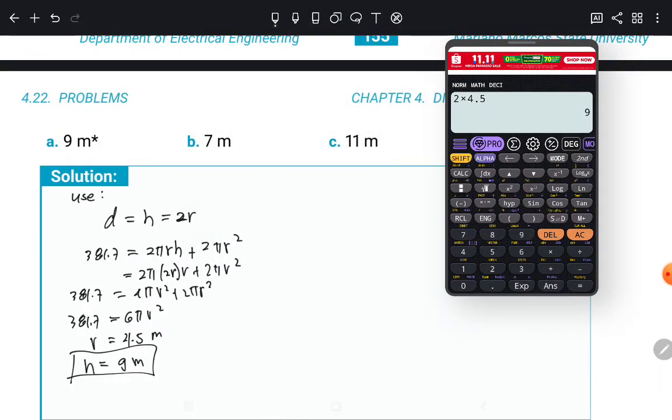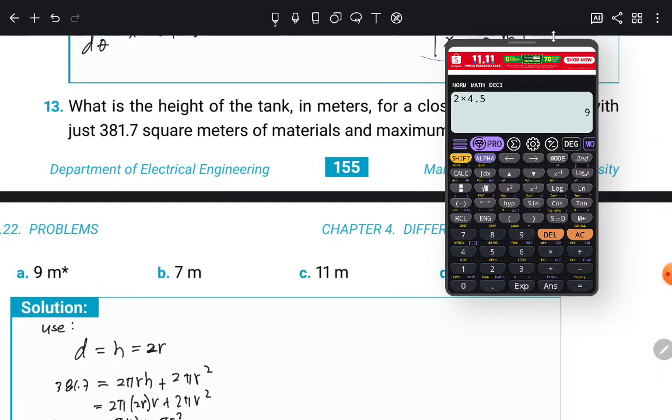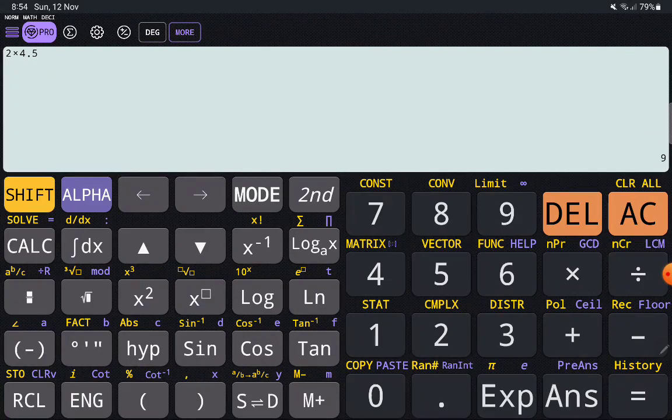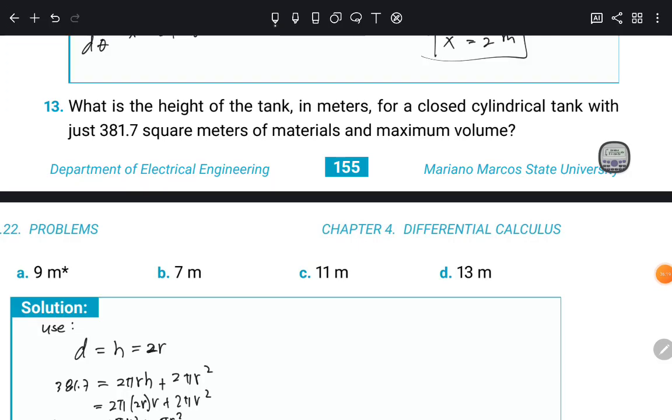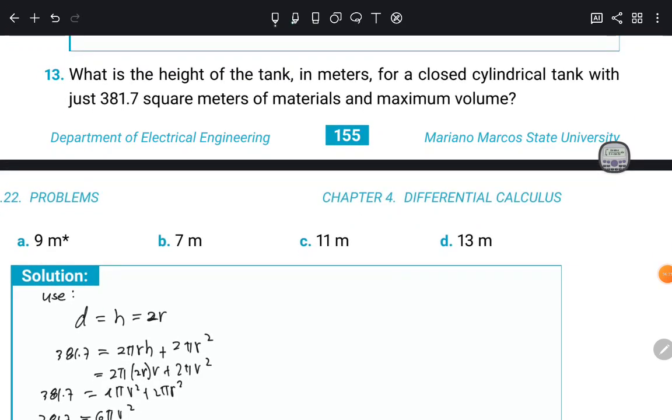Then this is only true. Remember, we can only use that formula when the cylindrical tank is a closed cylindrical tank.